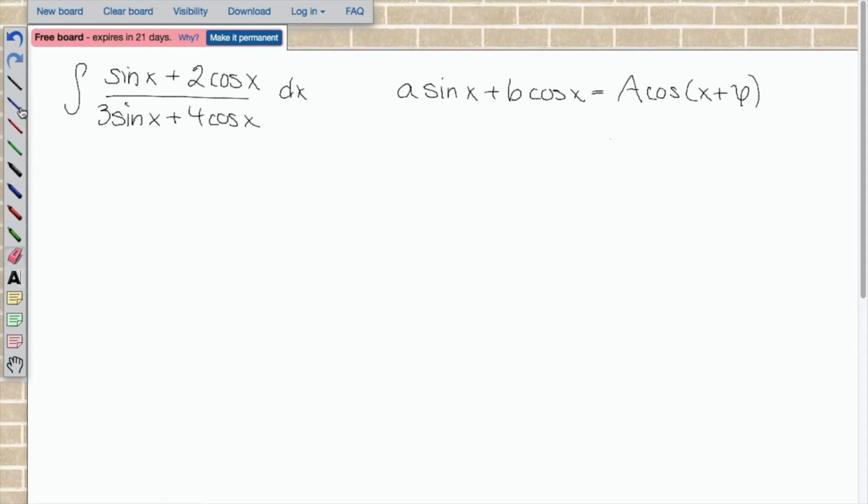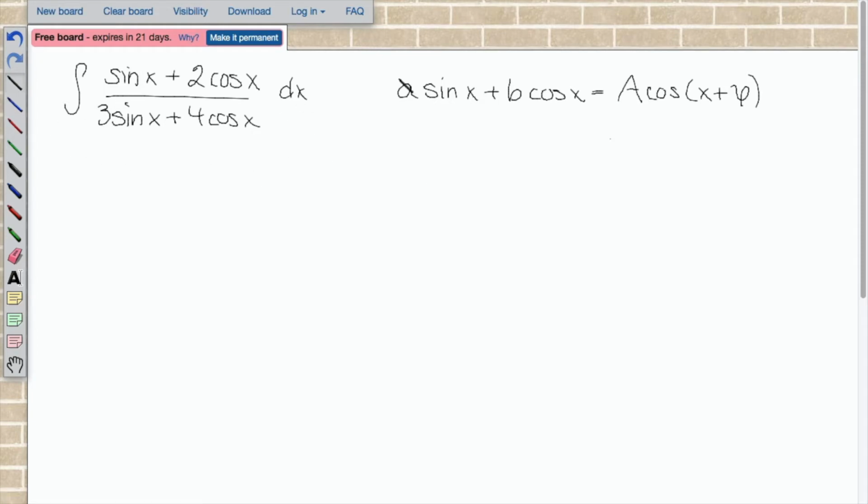But I think if we do it this way, it allows us to avoid Weierstrass substitution and linear algebra. We can just use simple properties from trigonometry to simplify this, and I think that would be easier. So we're going to apply this harmonic sum theorem to the top and to the bottom.